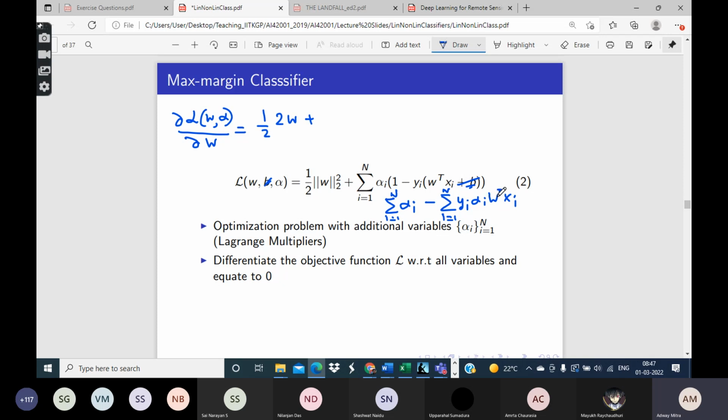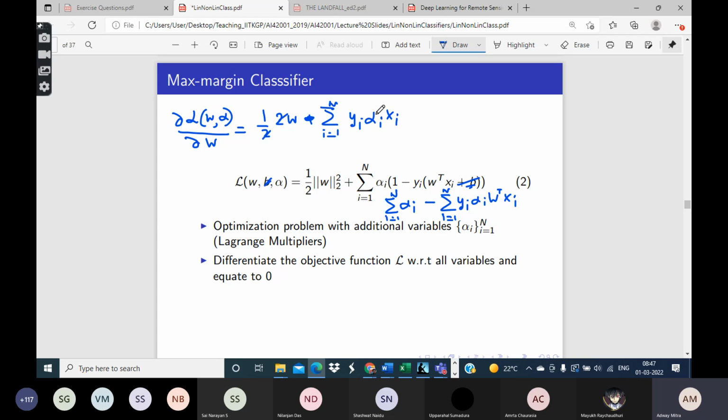So it's just analogous to the normal differentiation. The derivative of this part is just going to be minus yi alpha i xi. Since it's a linear term, the W just drops out and this is what we get.